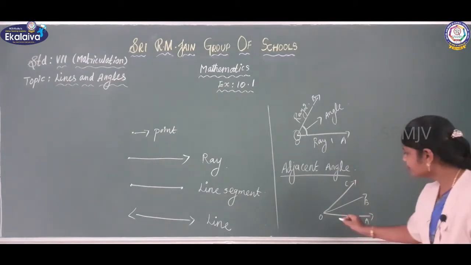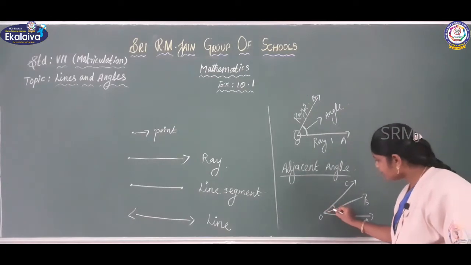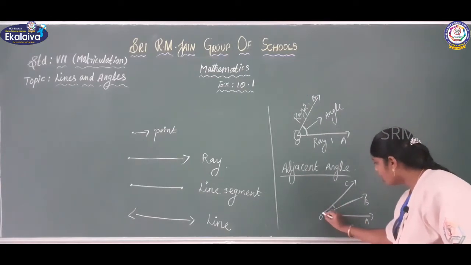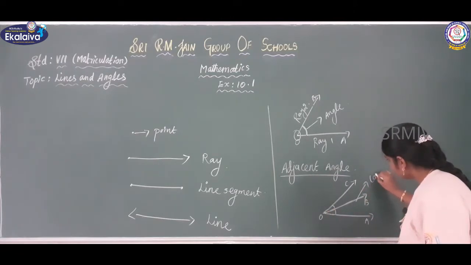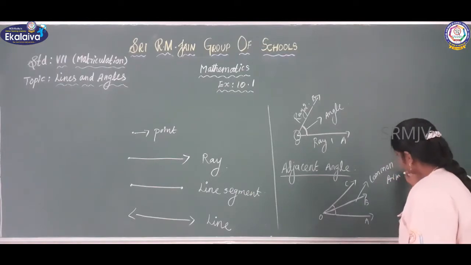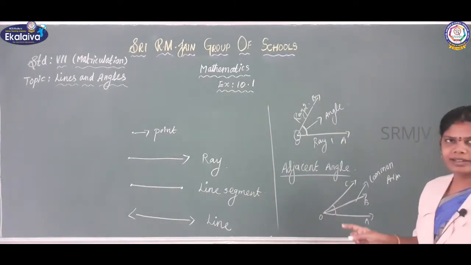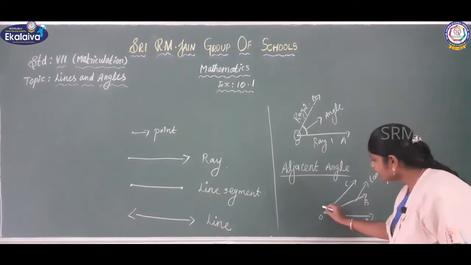See here, two angles are adjacent if they have a common arm. Here OB is the common arm, and this is the common vertex.